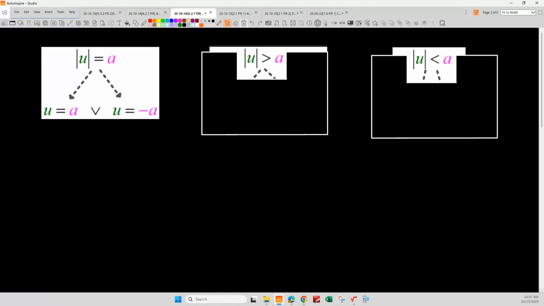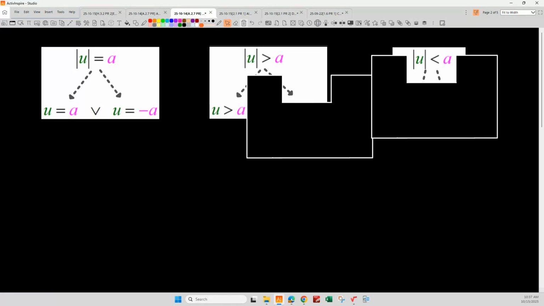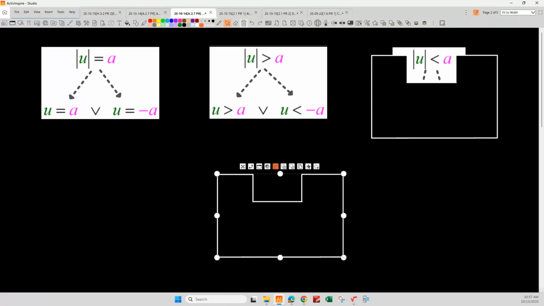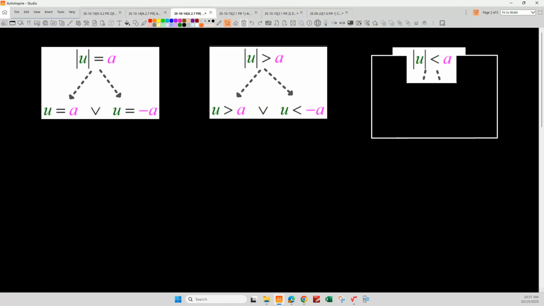So either U is greater than the positive number, what's inside the absolute value is greater than the positive, or what's inside is less than the negative. Now notice I write those as two completely separate inequalities that I would just solve, right? And then finally, what about this?